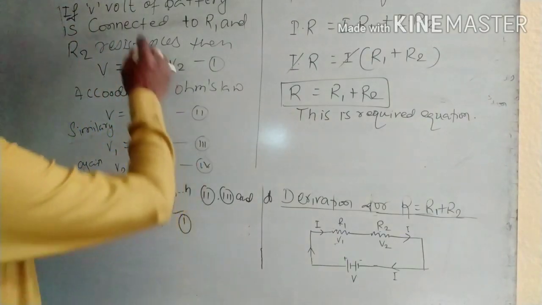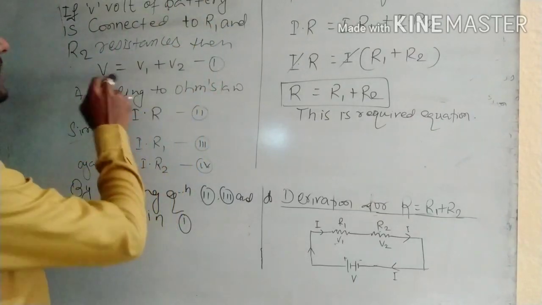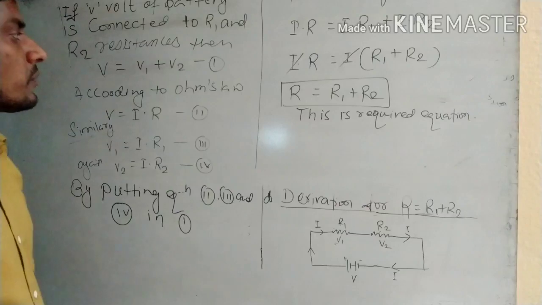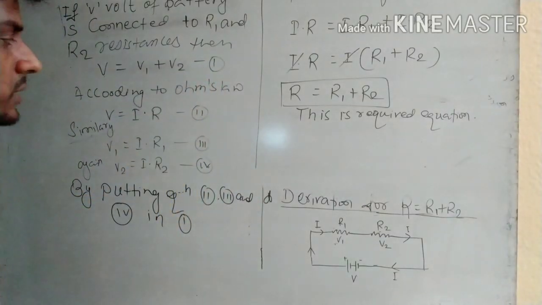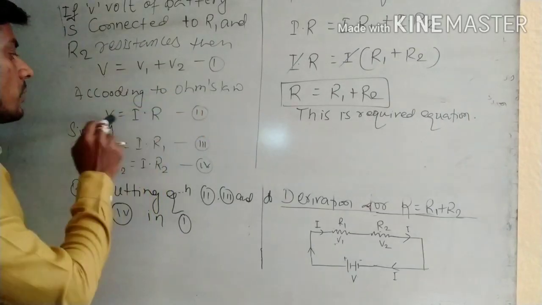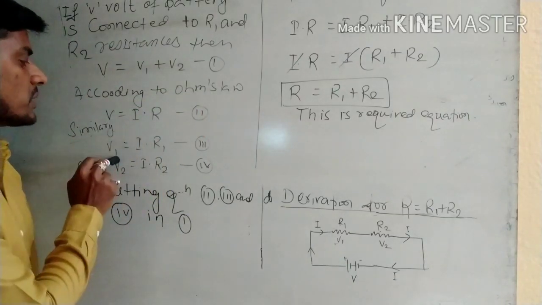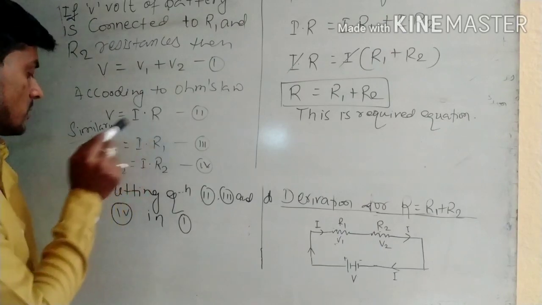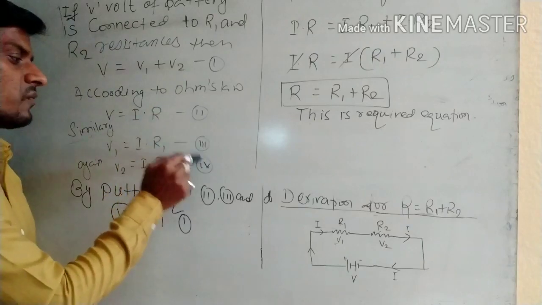So if a V volt battery is connected to R1 and R2, then V is equal to V1 plus V2. This is equation first. According to Ohm's law, V is equal to I into R, so similarly we can say V1 is equal to I into R1, V2 is equal to I into R2. These are equations second, third and fourth.